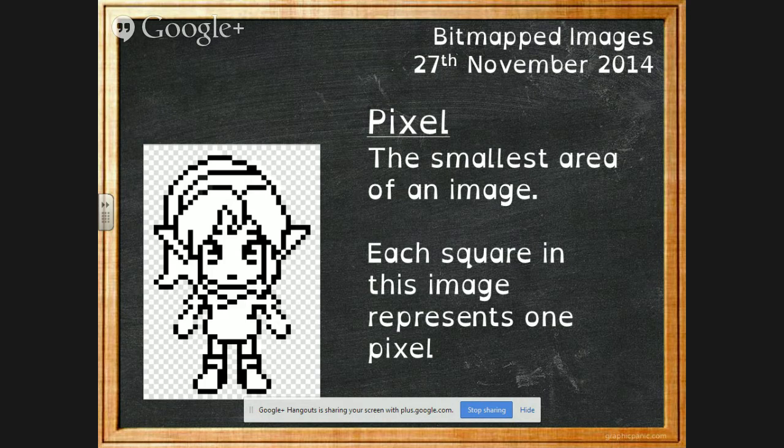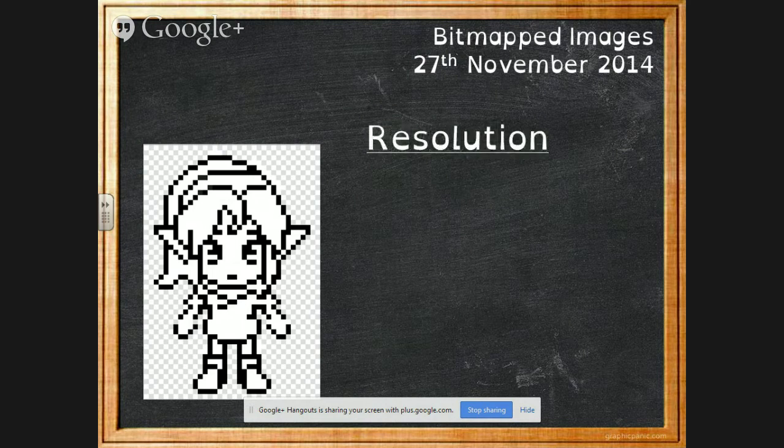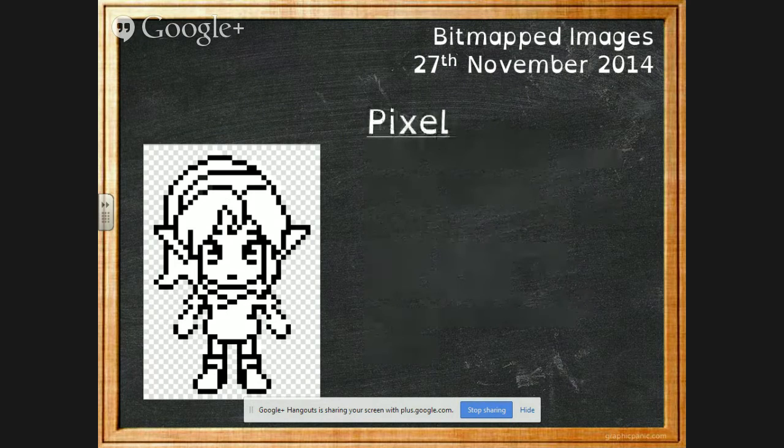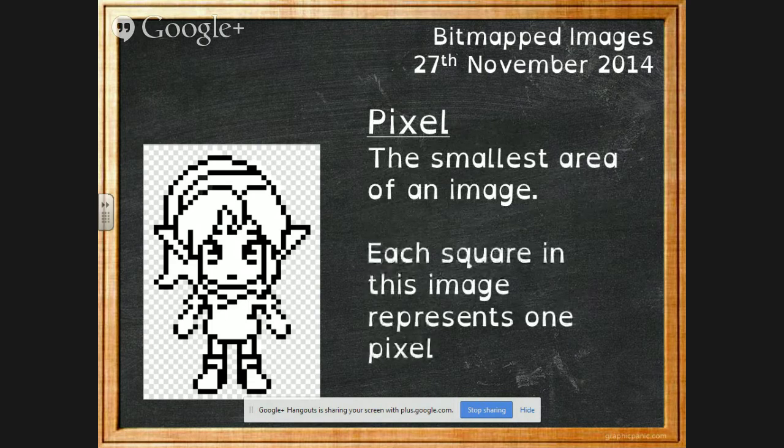I've created a transparency to show you each bit of those bitmaps. There we go. Each little square is essentially a pixel, and it is the smallest area of the image.